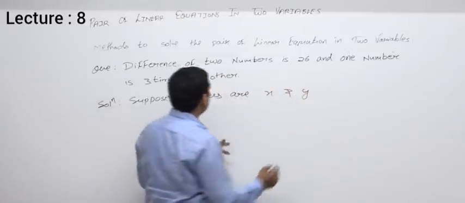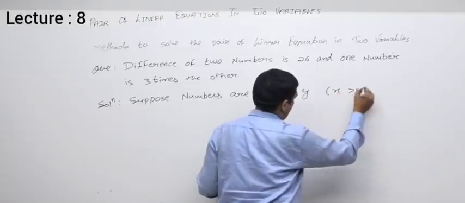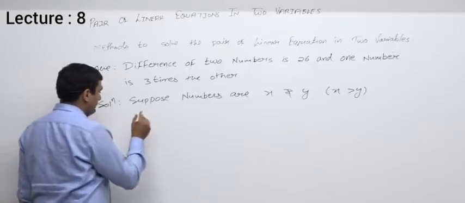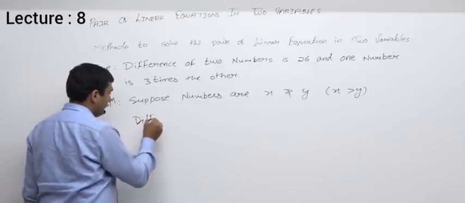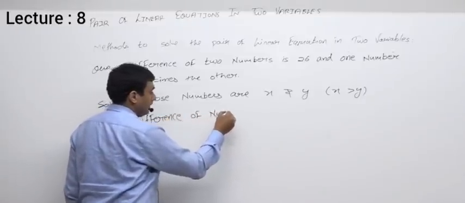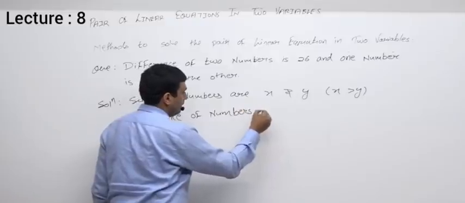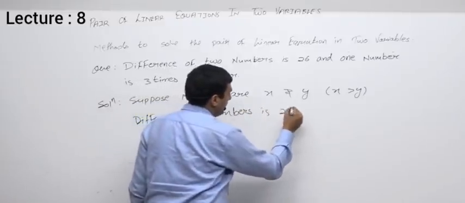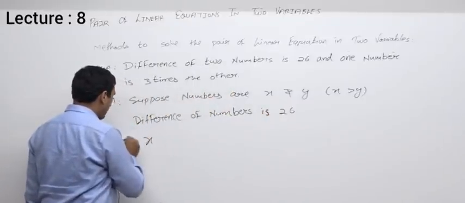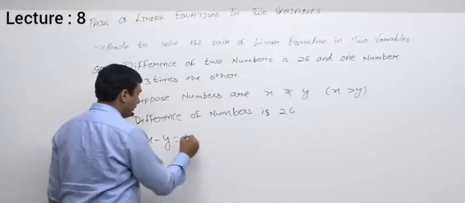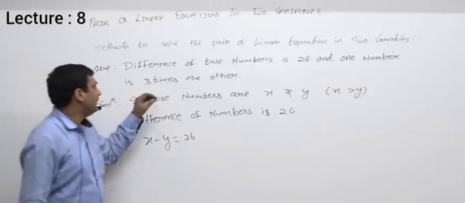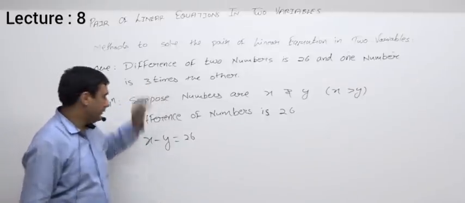Now again the difference is given, so we have to know which number is greater than the other. Now the difference of the numbers is 26, so I can write x minus y is equal to 26.